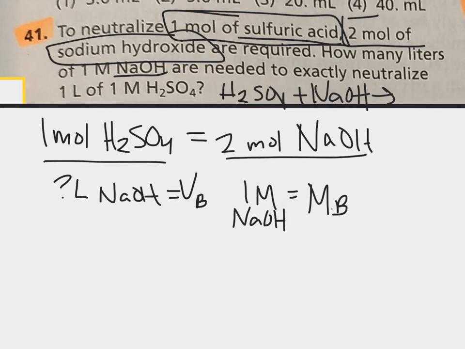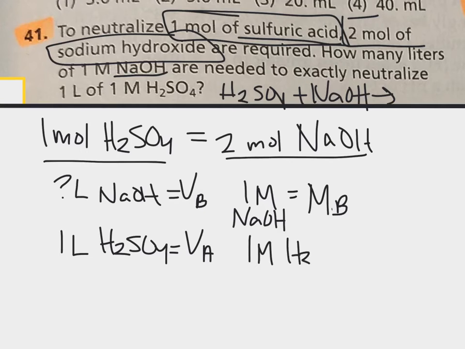I know that I have 1 liter of sulfuric acid, H2SO4. So that is my volume of A. All right, and I know that I have a concentration that is 1 molarity for sulfuric acid. So that is going to be my MA. Whoops, not my B, my A.